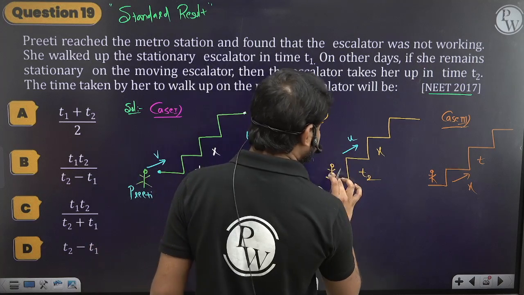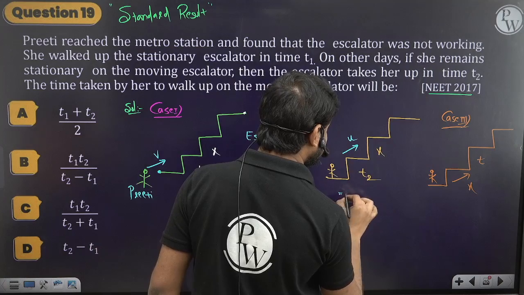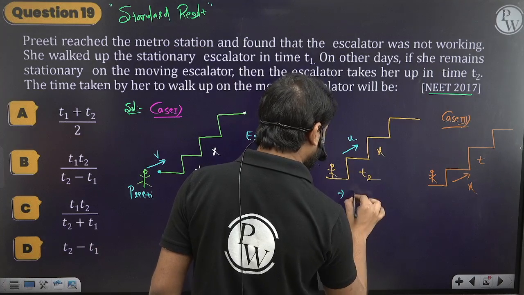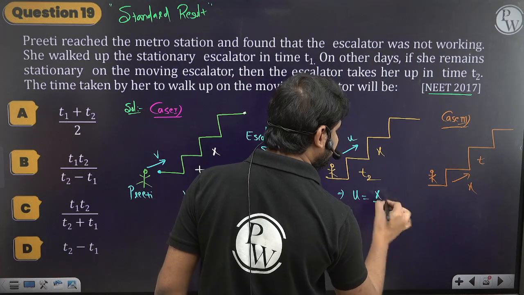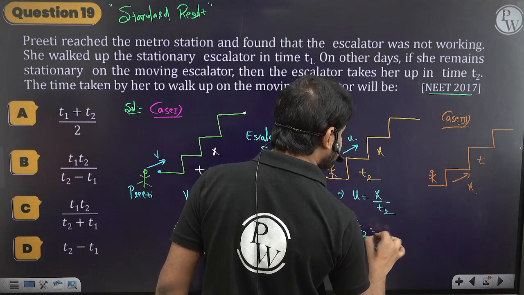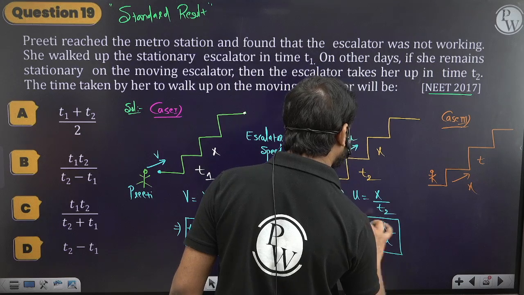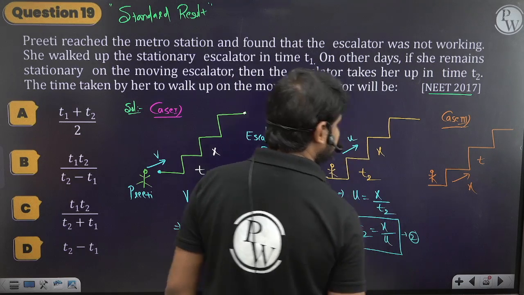Now she is stationary and only the escalator is moving. So the speed u is equal to the distance traveled by the time taken. From here, the time t2 is equal to distance by velocity, which is x by u. Let it be equation number 2.